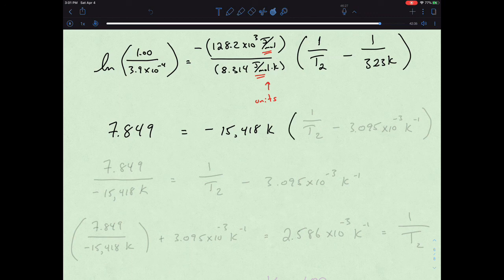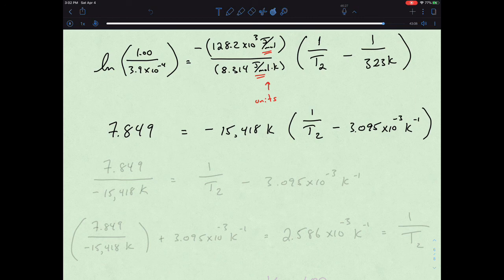And then we have 1 over T2, which we're looking for, minus 1 over 323, which is a value of 3.095 times 10 to the negative third, and that would be Kelvin to the minus 1 power. So those are our values. Again, being slow and stepwise, I handled the natural log on the left, I handled the slope on the right, and then I handled that 1 over temperature value within the parentheses off to the far right.